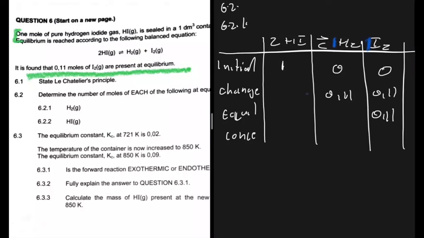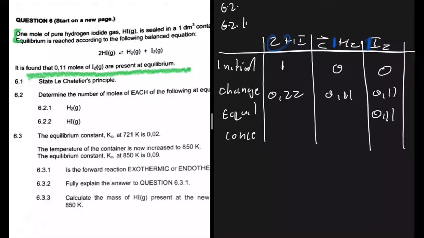But then when we come here, because now we have 2, we're going to have 2 multiplied by 0.11, which is 0.22. So we have 0.22 right there. So with that 0.22, we can then find the number of moles of HI at equilibrium.